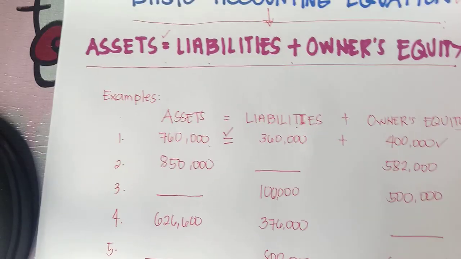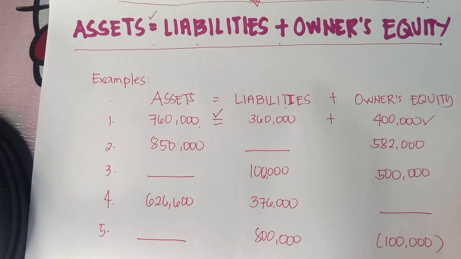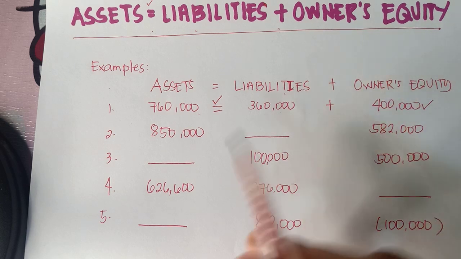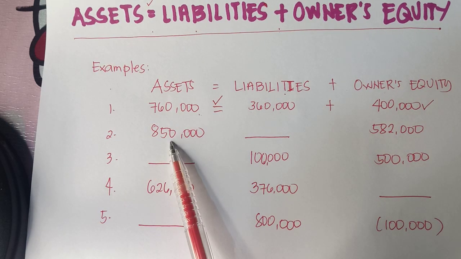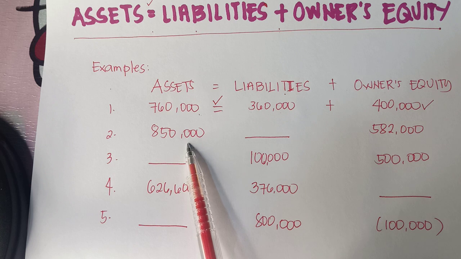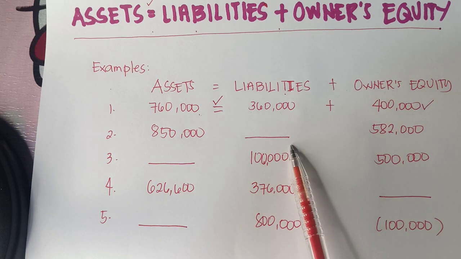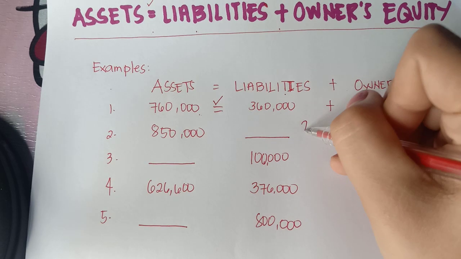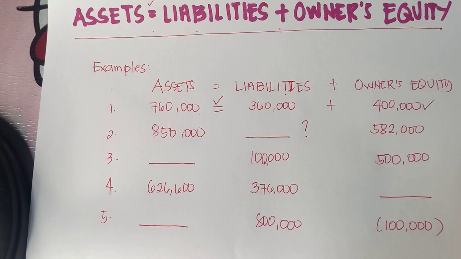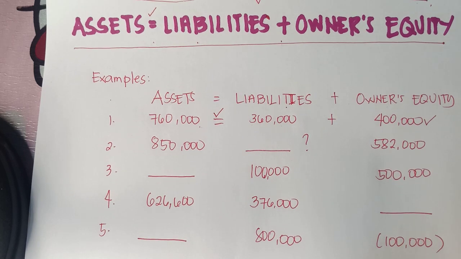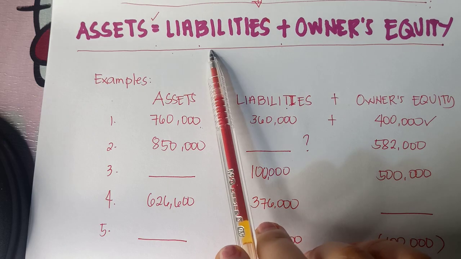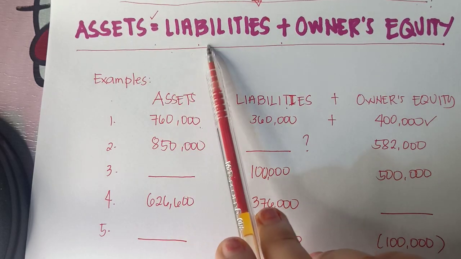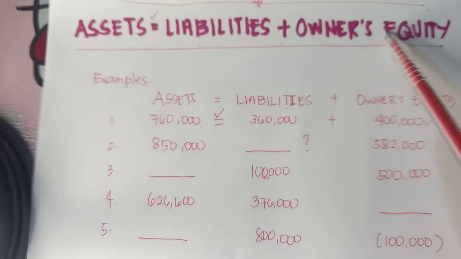Okay, next example. We have to identify the missing values. If company A has assets of 850,000 and an owner's equity of 582,000, now let's find the missing value, the missing value of liabilities. So we have to go back to our basic accounting equation, which is assets is equal to liabilities plus owner's equity.